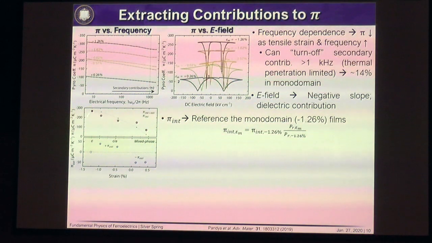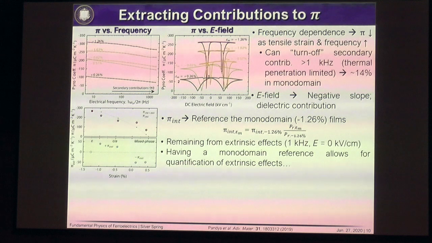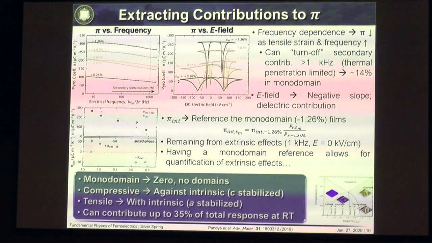When we do the measurements, those are the red dots, we see that there are variations. These variations come from the extrinsic effects in these materials because we've turned off the secondary effects and we've turned off the dielectric response. What we see is some interesting behavior. As we go through the smaller compressive strains, this is positive, and it turns negative when we go into the tensile strain regime.